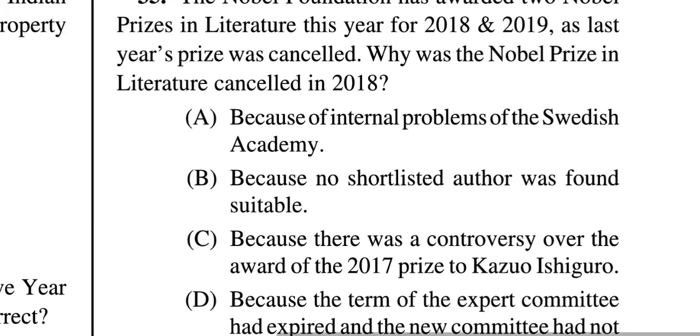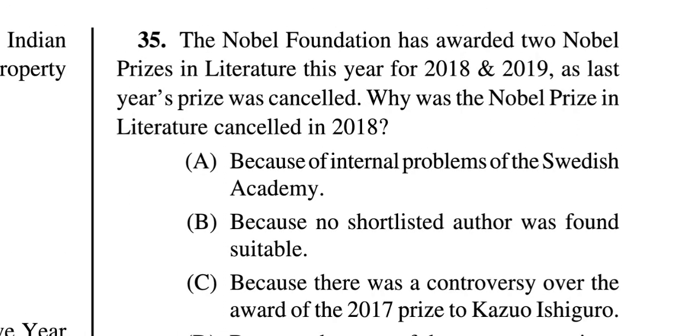According to me, as far as I am informed and concerned, there were some internal problems of Swedish academy. They have some kind of sexual harassment issues for which they have stopped the announcement of Nobel Prizes.